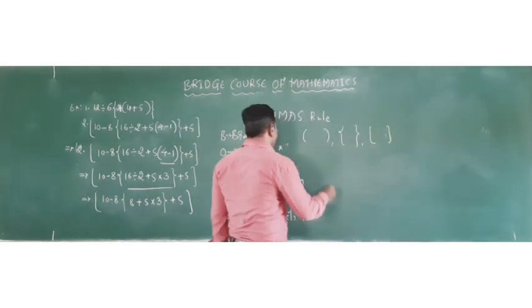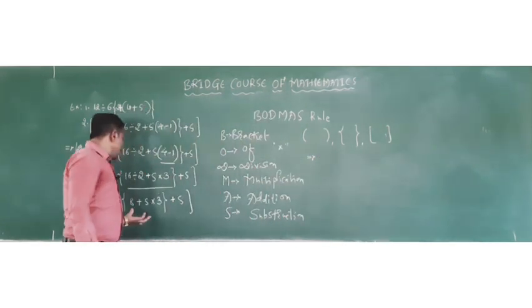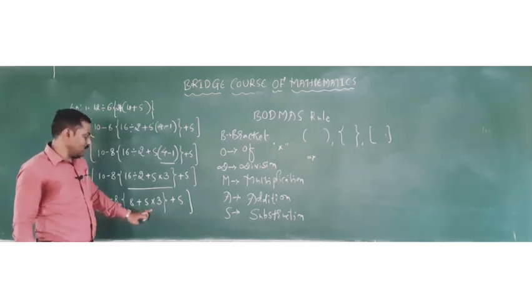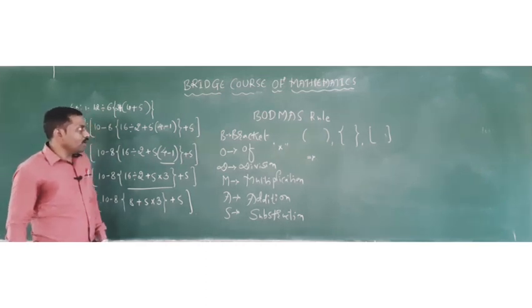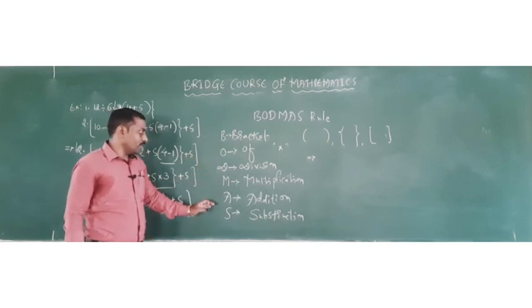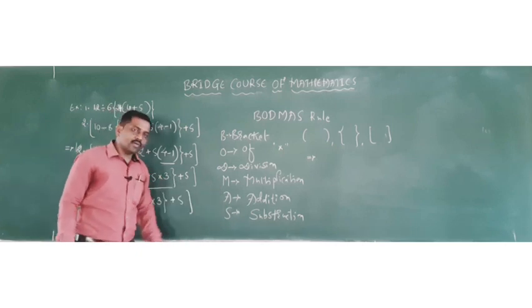Okay, next here, within the flower bracket there are two operations: addition and multiplication. By the BODMAS rule, we have to follow the order. First multiplication, then we go to addition.